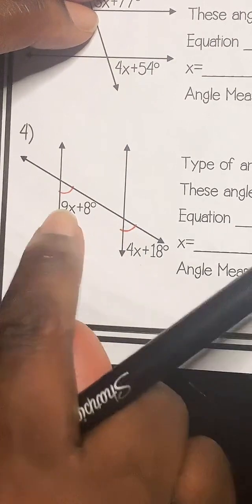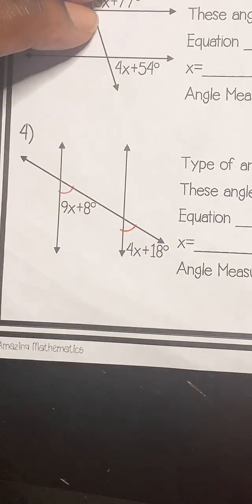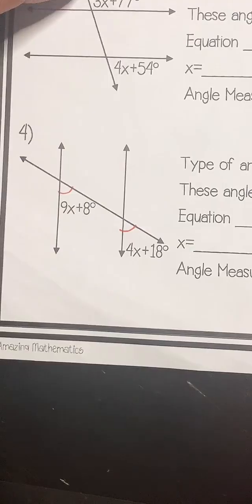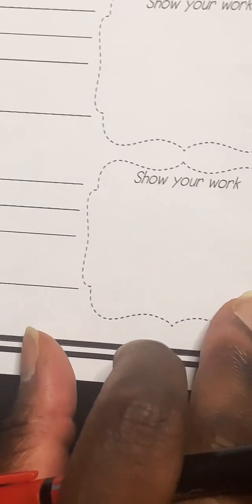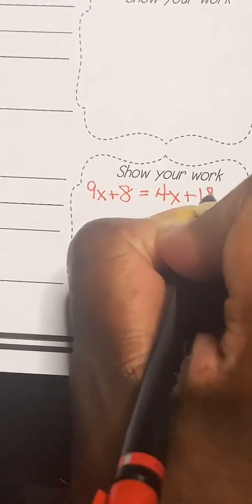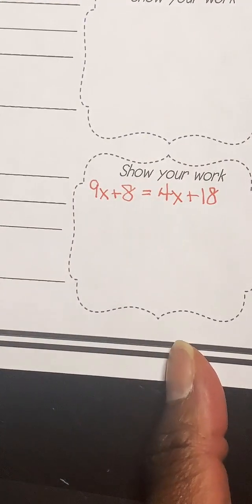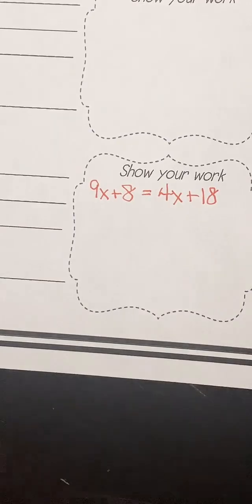Since they're supposed to be congruent because they're corresponding angles, we're going to set them equal to each other. So we have our 9x plus 8. It's going to be equal to 4x plus 18. Okay, we're going to set them equal to each other.